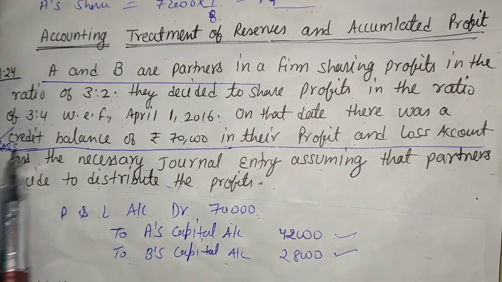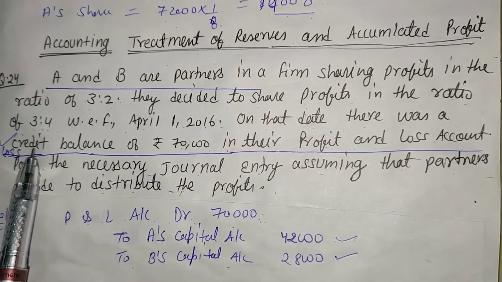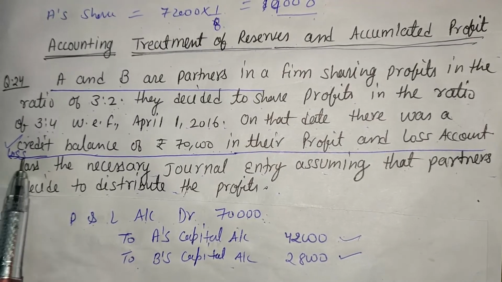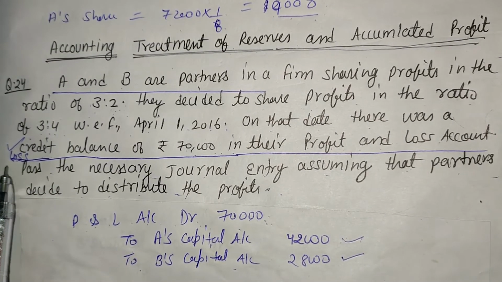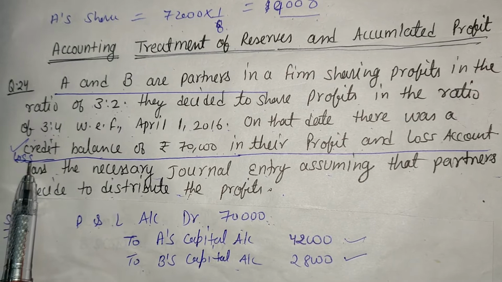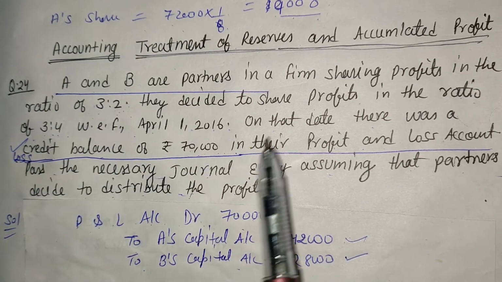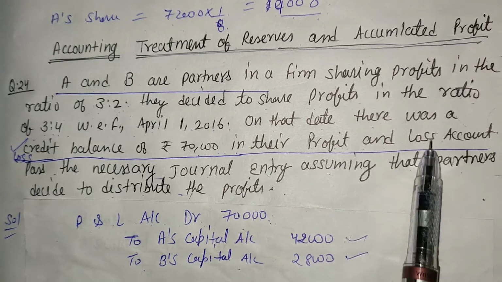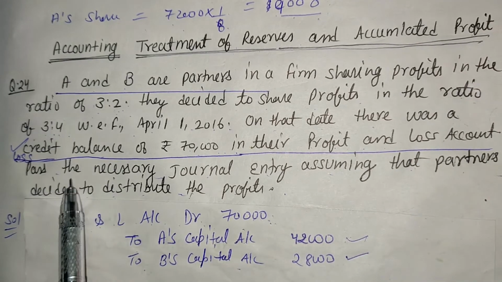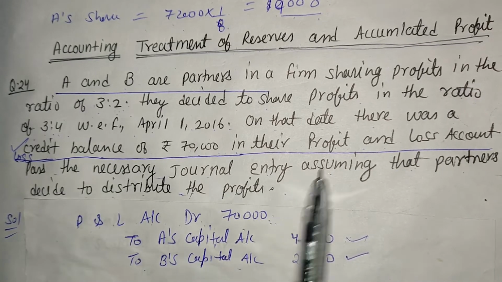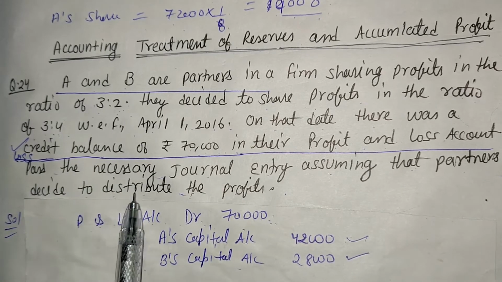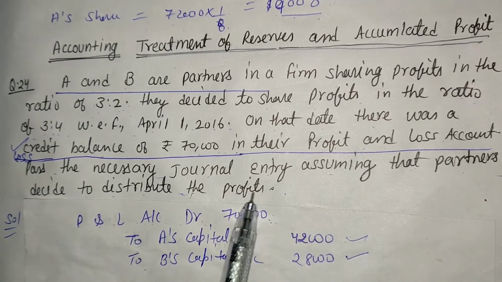On that date, there was a credit balance of rupees 70,000 in their profit and loss account. Pass the necessary journal entry assuming that partners decide to distribute the profit.